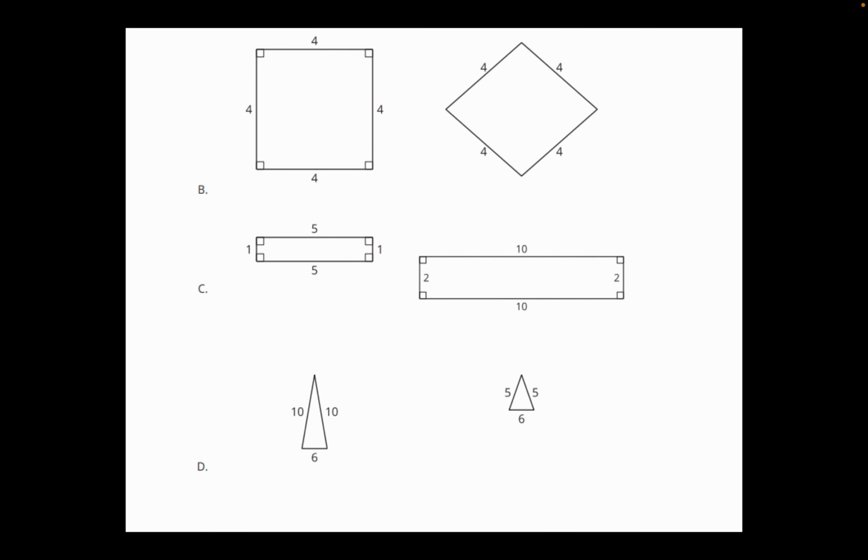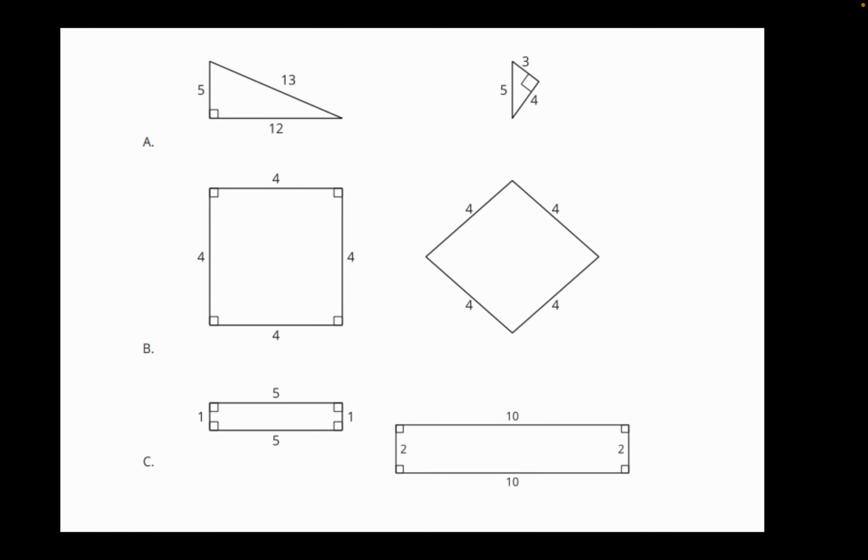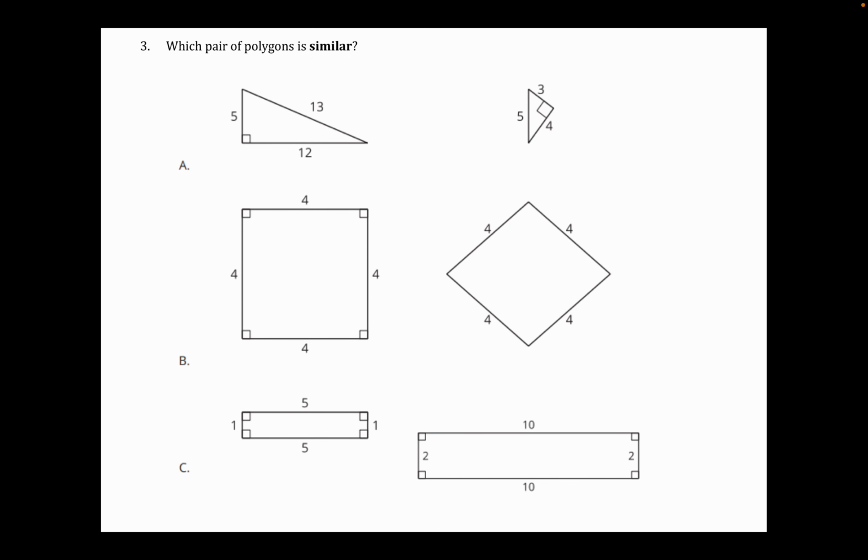So I might start with some here that are a little obvious by canceling things out. I'm going to cancel out B because these ones do not have right angles. While the sides are all the same, the angles here are not right angles. So B is not going to work.